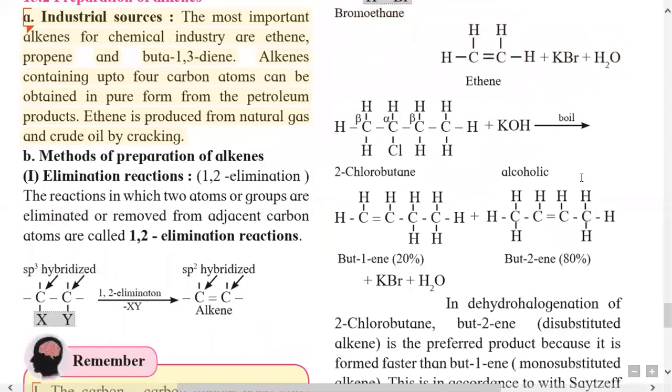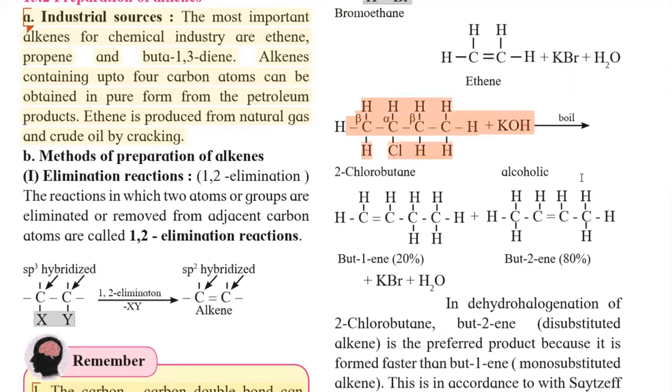Here it is 2-chlorobutane, that is, the second carbon contains chlorine, a 4 carbon alkyl halide. The IUPAC name is 2-chlorobutane. Here the alpha carbon atom is the carbon which is bonded to chlorine, and there are two beta carbon atoms. One is on the left side and the other is on the right side of the alpha carbon.